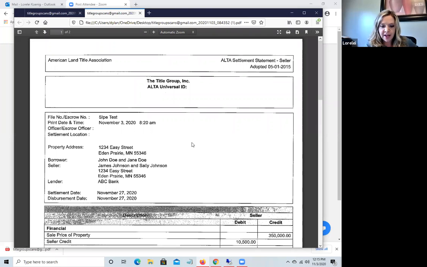The frustrating part is that we don't really know, as the title company, what numbers were sent and when. So we have to go with the assumption that the lender sent the most accurate settlement or CD. That's why we have the settlement statement, and we send it out to the lenders or to the agents, and that way you can review it with your buyer and make sure it's the amount they were expecting to bring.